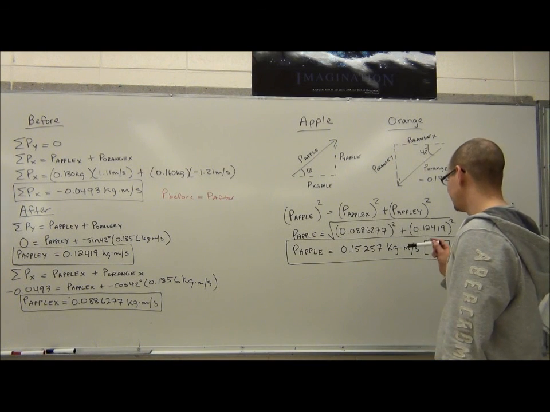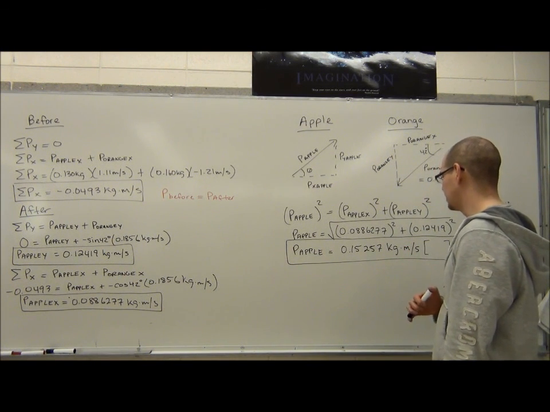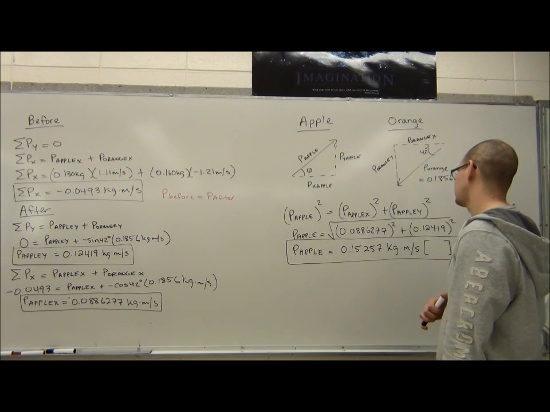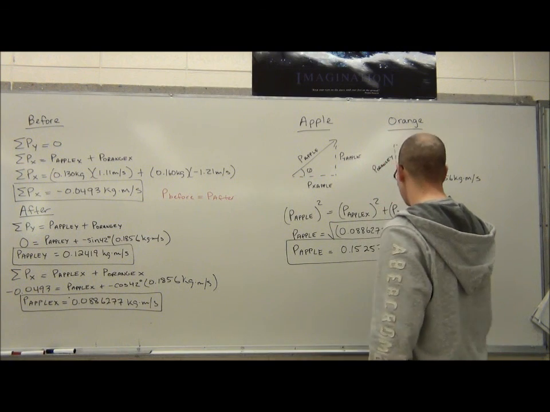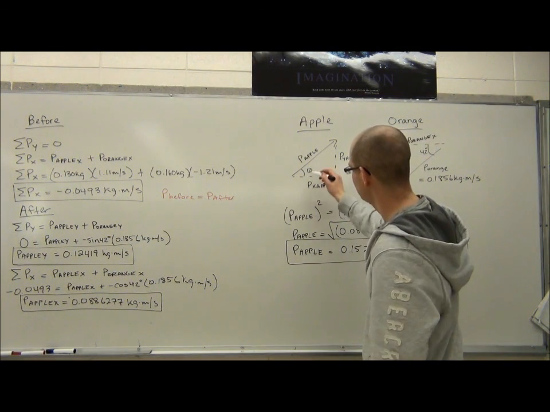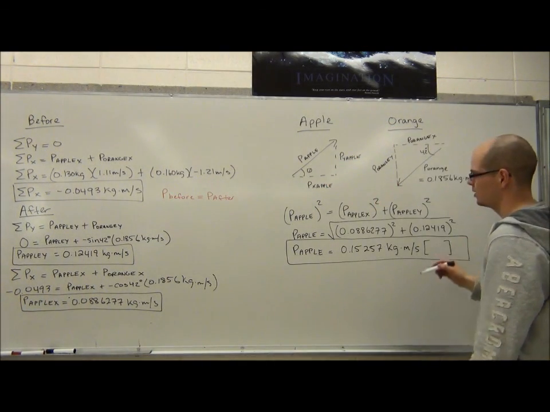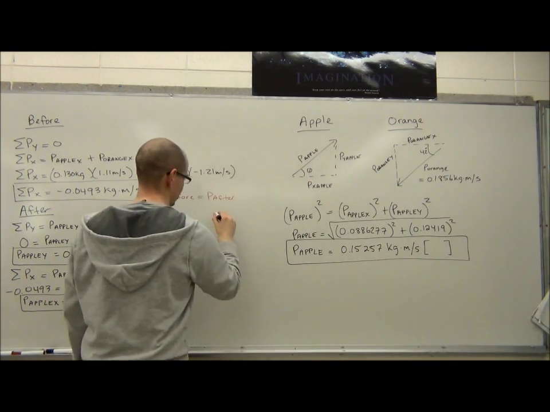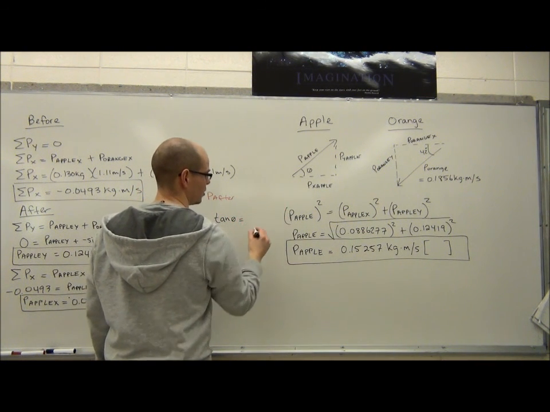Okay? We're almost done. We need a direction on this. The other thing is, technically it didn't ask for the momentum. So first, let's just find the direction. The direction, well, it's this angle inside here. It's opposite over adjacent. So to find that angle, you're going to just say that tan theta is opposite over adjacent.